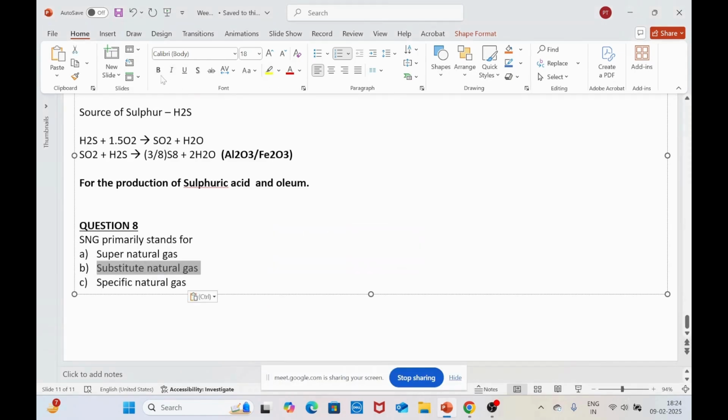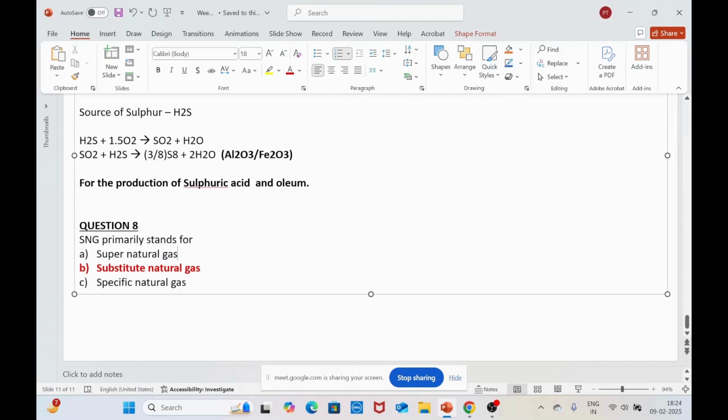Yes, synthetic natural gas is correct. It also has an alternate term called substitute natural gas. So this is related to the syngas utilization, wherein the syngas gets converted to this SNG, substitute or synthetic natural gas, and can be utilized, and again it's a natural gas.